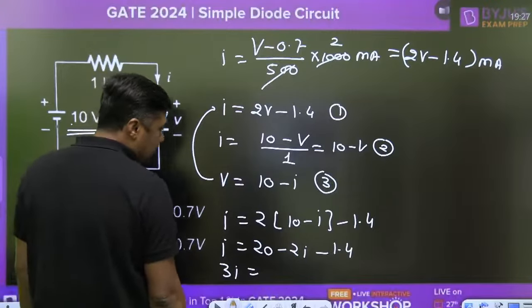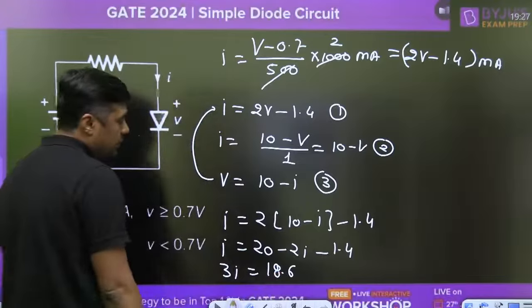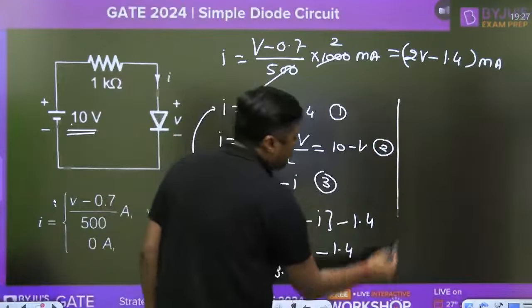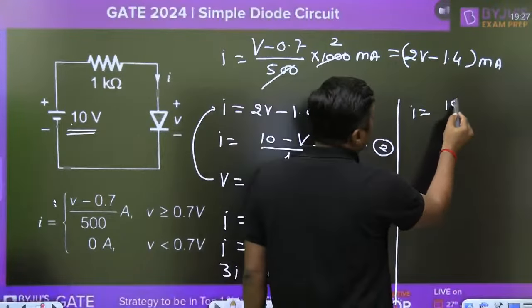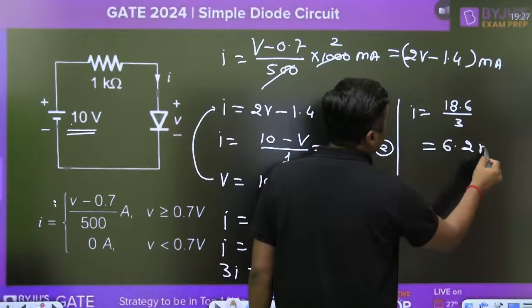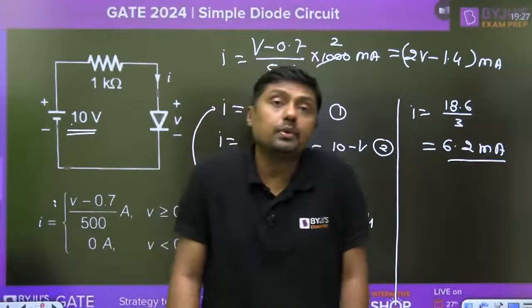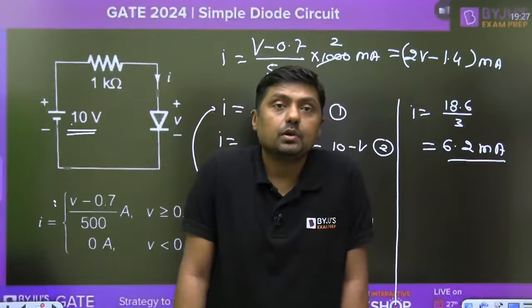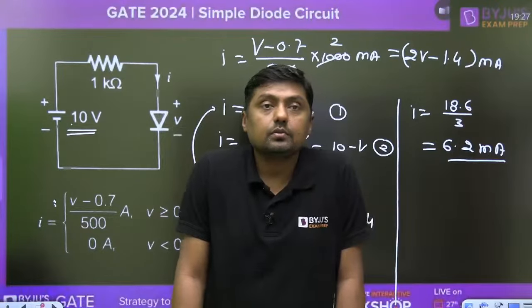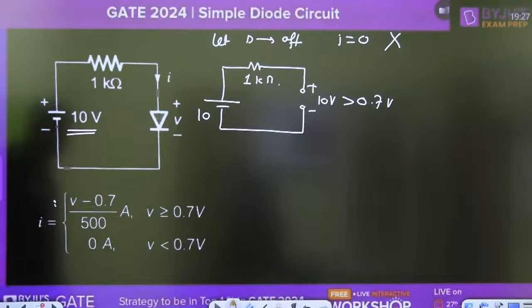What is 20 minus 1.4? 18.6 divided by 3, and I will become 18.6 divided by 3, that is nothing but 6.2 milliampere. So what is the answer for this question? 6.2 milliampere means this is the answer.